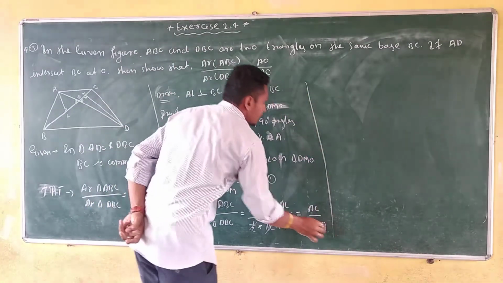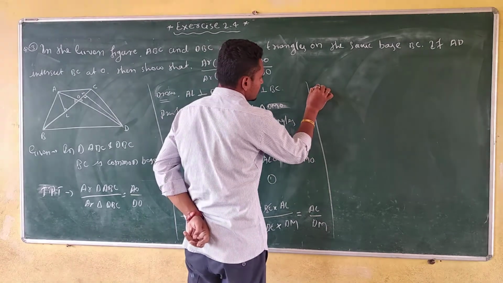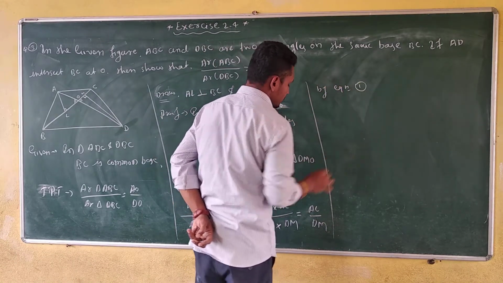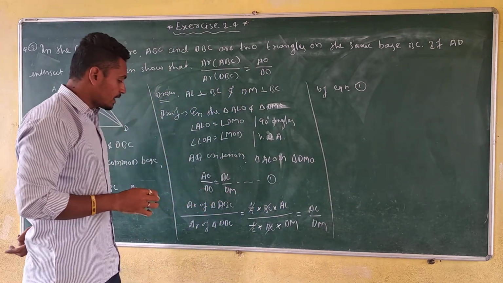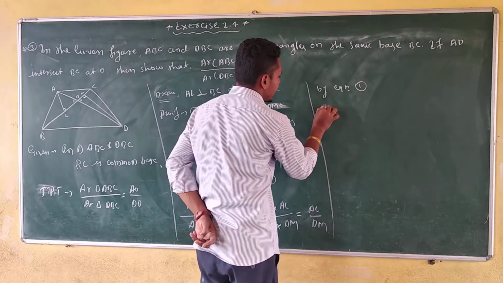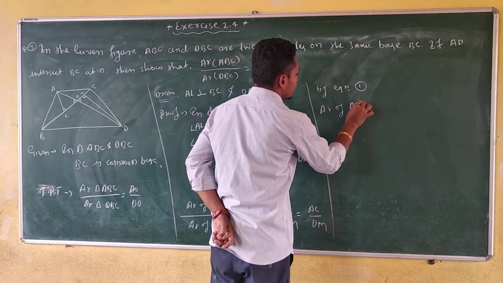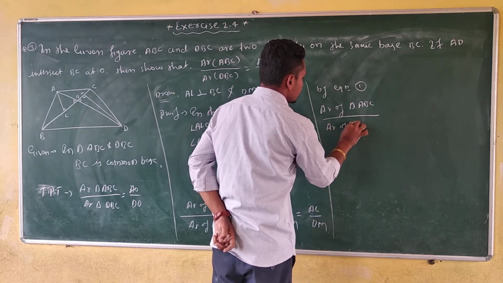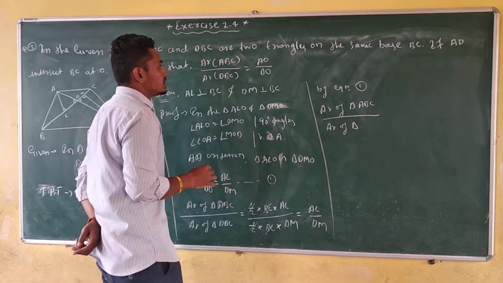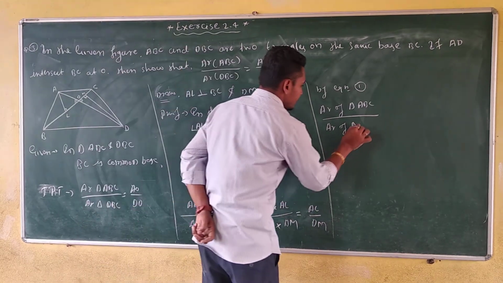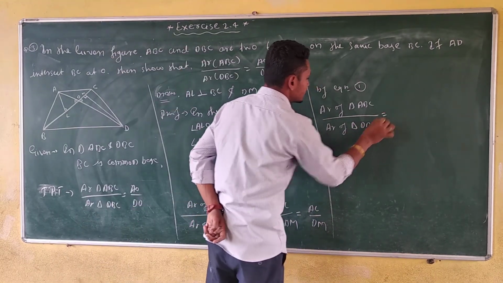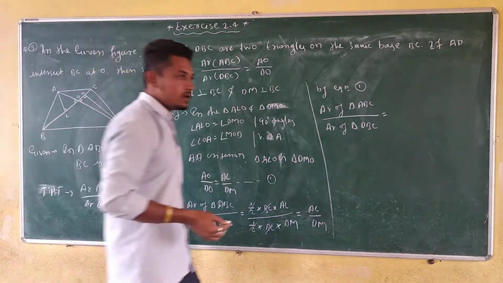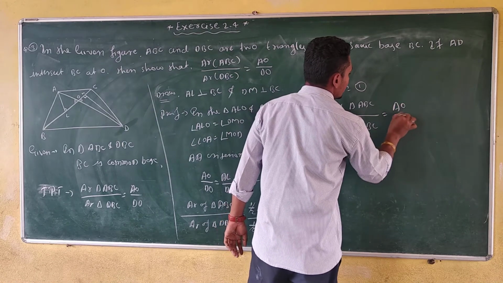Now by equation number 1 we can write the area of triangle ABC divided by the area of triangle DBC is equal to AO divided by DO.